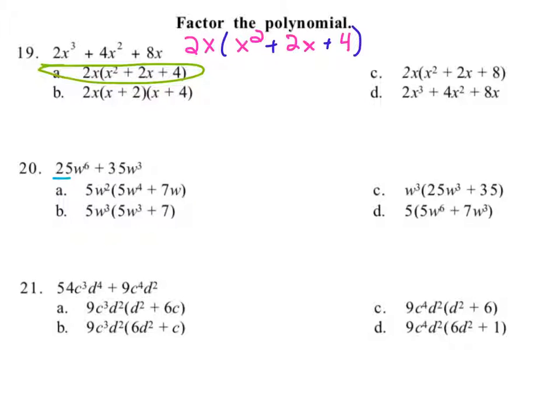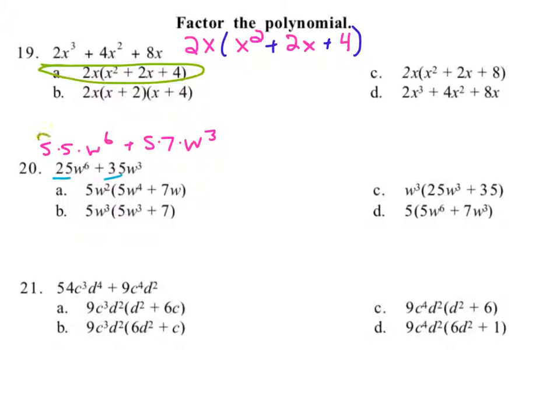Okay. What's the biggest thing that we can divide 25 and 35 by? Well, 25 is just 5 times 5, of course, times that w to the 6th. And 35 is 5 times 7 times w to the 3rd. Okay.